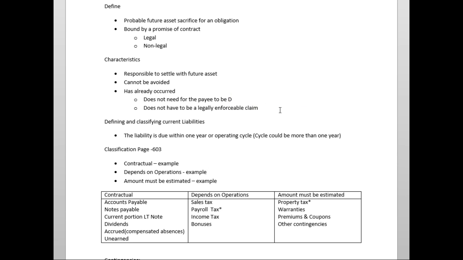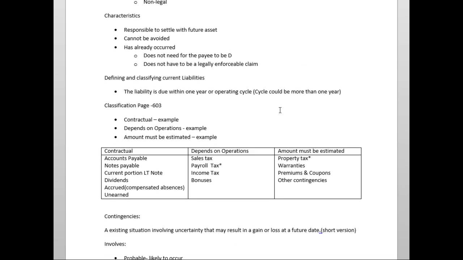It is a liability. So that is the overall view of a long-term and current liability. If we really want to look at a current liability, then the liability is due within 1 year or within the operating cycle of the business. And that could be more than a year depending on the project and how it's set up.